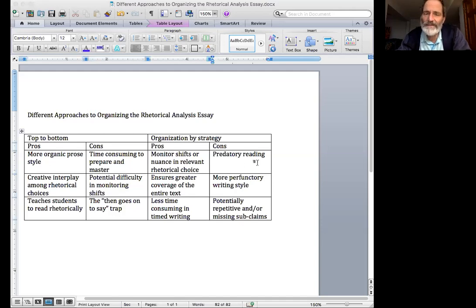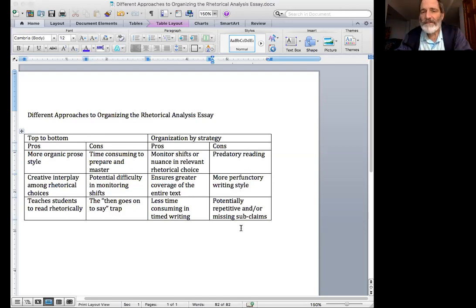One of the cons, an old colleague from the AP reading shared, is that it creates more predatory reading, meaning that you're sort of artificially looking at just one rhetorical choice and ignoring maybe other important things. It does create a more perfunctory writing style, meaning that we're working hard to give those formulaic moves in our claims or subclaims, those formulaic moves introducing rhetorical choices that will be commented on later in the paragraph.